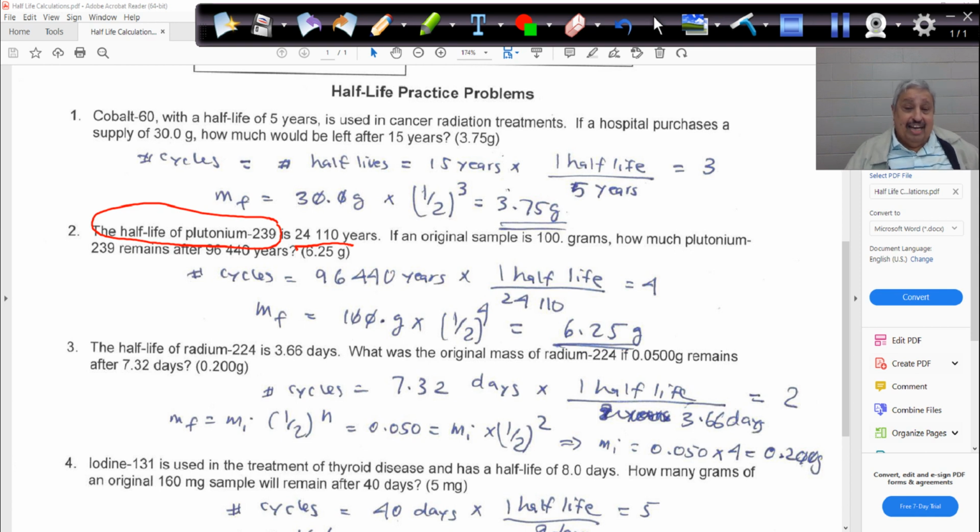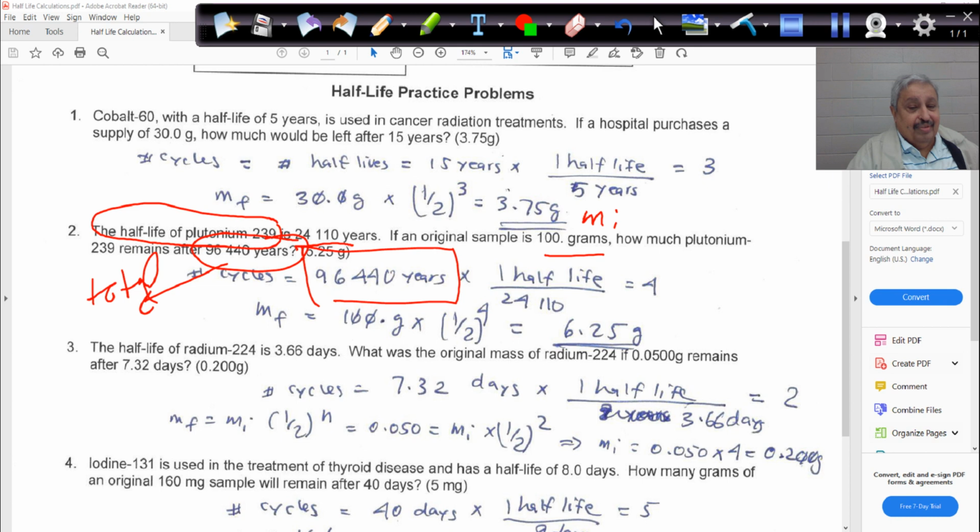If the original sample is Mi, how much plutonium isotope 239 remains after 96,440 years? So this is the total time here.